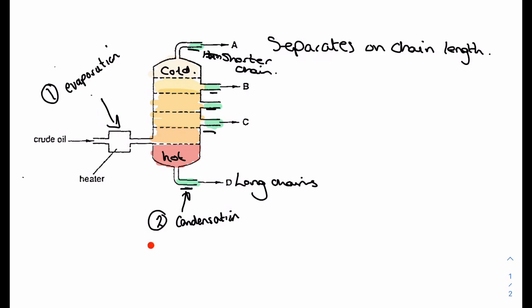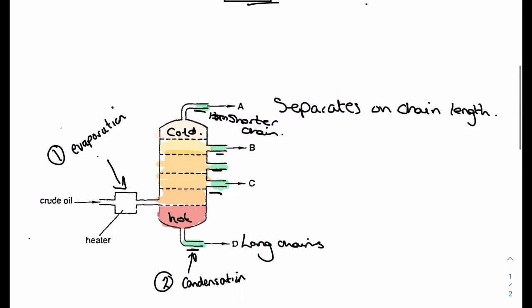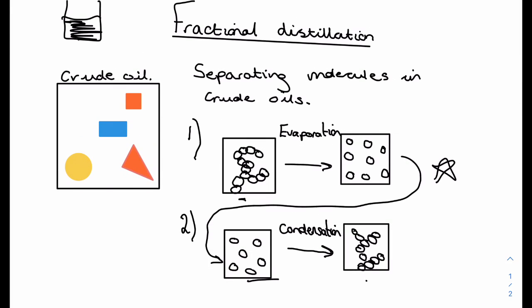So it starts at evaporation. They're separated by temperature based on their length of chain, and then they are condensed down. Well, what does condensation mean? We've looked at it earlier. It's going from a gas back to the liquid. Okay, so if you just look back at this, I've said it's separating molecules in crude oils. There's two processes.